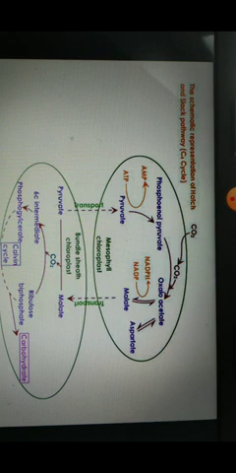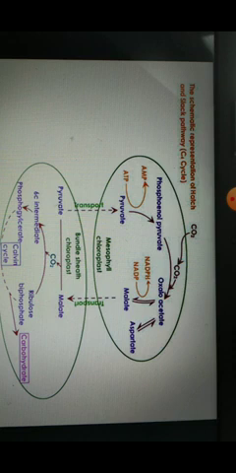In the mesophyll cell, carbon dioxide is taken from the atmosphere and combines with PEP, phosphoenolpyruvate, to form the first stable product, known as oxaloacetate or oxaloacetic acid. This oxaloacetic acid is a dicarboxylic acid compound containing 4 carbon atoms: COOH, CH2, CH2, COOH.